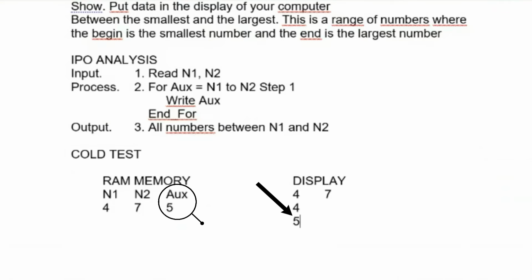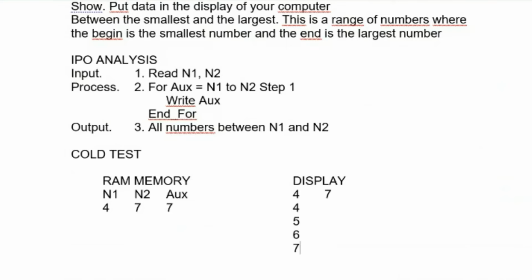That means 5. Then step 1 means 5 plus 1 is 6. Now write the content of aus. It means 6. Now step 1. 6 plus 1 is 7. Write aus.